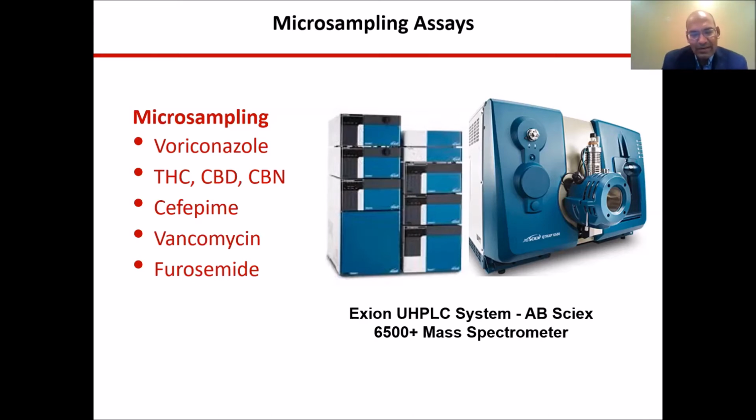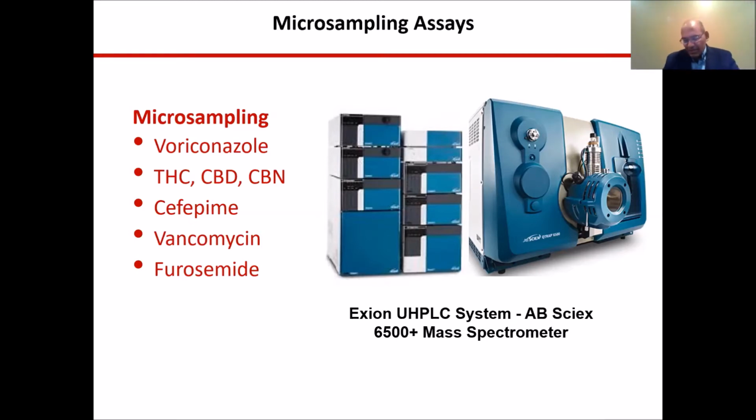We studied cefepime pharmacokinetics in a pediatric sepsis population, and currently there are multiple sepsis studies utilizing the vancomycin assay. Also, in collaboration with neonatologists within our hospital, we have recently been studying furosemide pharmacokinetics, both from a microsampling perspective and compared to a urine assay.